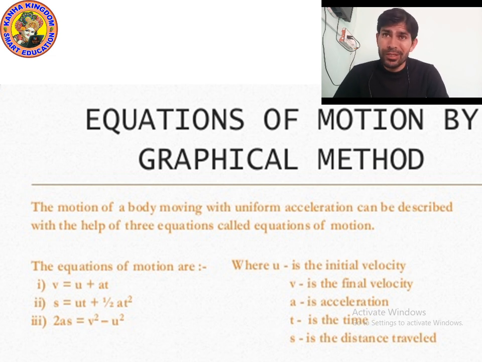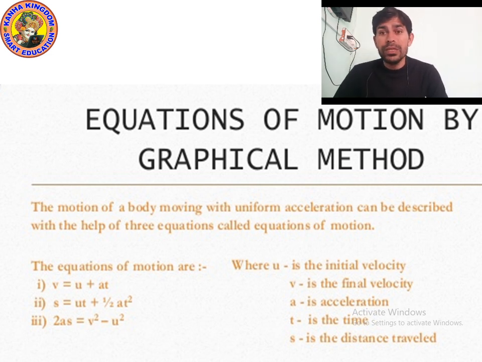If a body is moving with uniform acceleration, these three equations are: first equation, v is equal to u plus at. Here v means final velocity, u means initial velocity, a means acceleration, t means time, and s means the distance traveled or position, you can say.